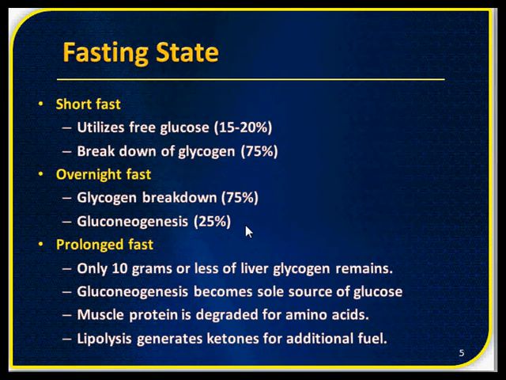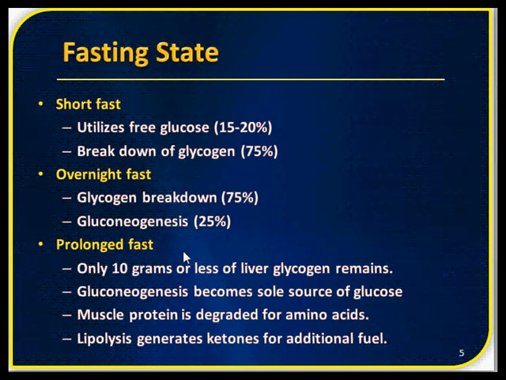So in the short fast, it is the free glucose, like the cash in hand, and glycogen, the bank withdrawal. In the overnight fast, we have the bank withdrawal from glycogen, that is 75%, and then gluconeogenesis, from the fixed assets like the proteins and the fat, which are burnt down to produce glucose.